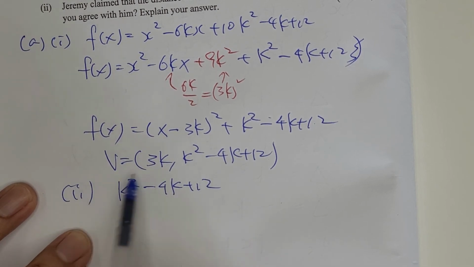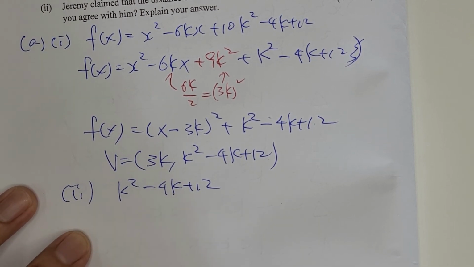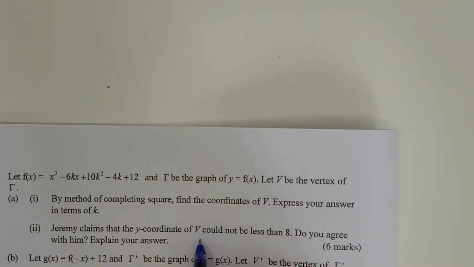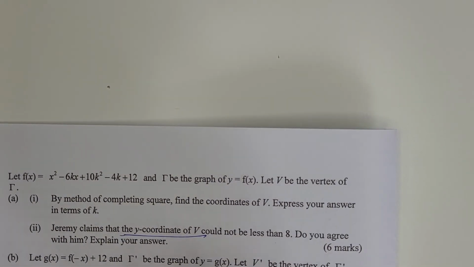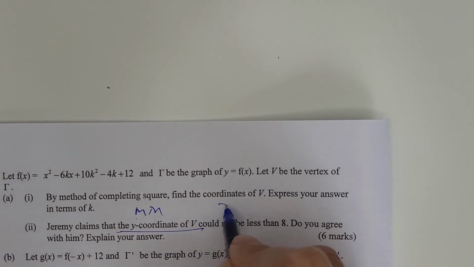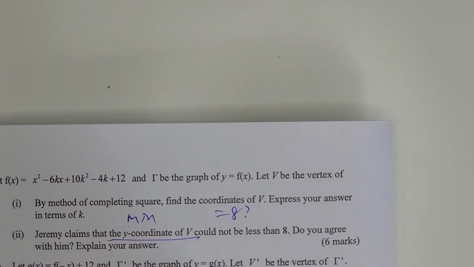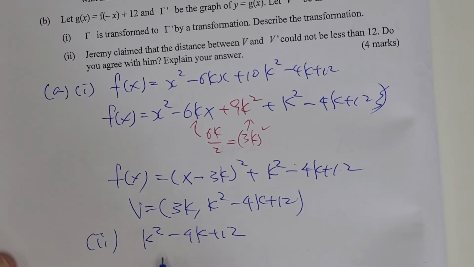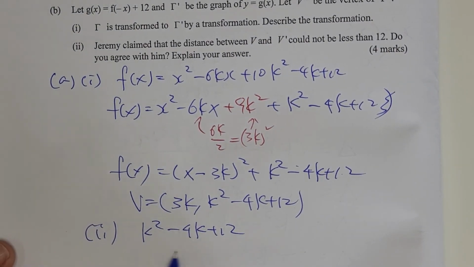That's what you need to do. You need to show whether the minimum value of the y coordinate of V equals 8 or not. That means when it is involving the minimum value of a quadratic expression, completing the square comes out.